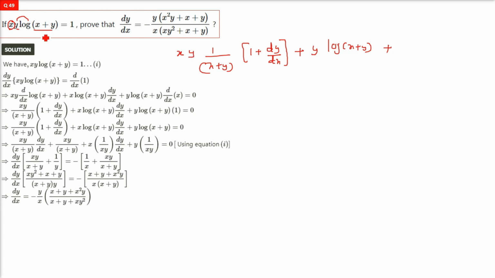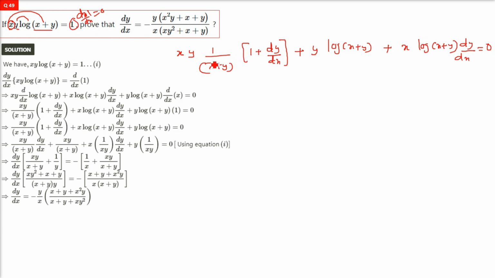So xy we have taken outside, x log (x plus y), and now here we'll take y log (x plus y). This time we will take x and log (x plus y). Y already log (x plus y) we already done. So now this is dy by dx only, the third term, and is equal to differentiation of 1, which is going to be 0. Now let us multiply inside.